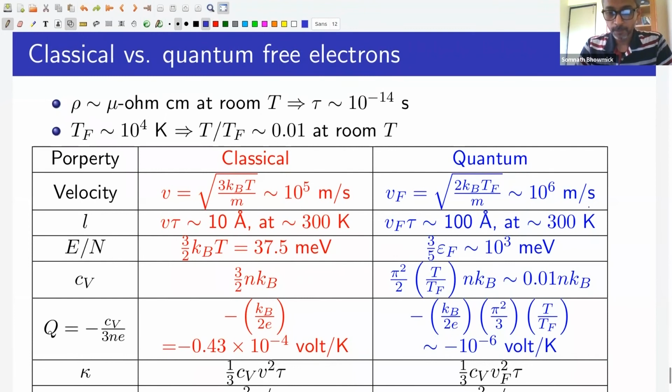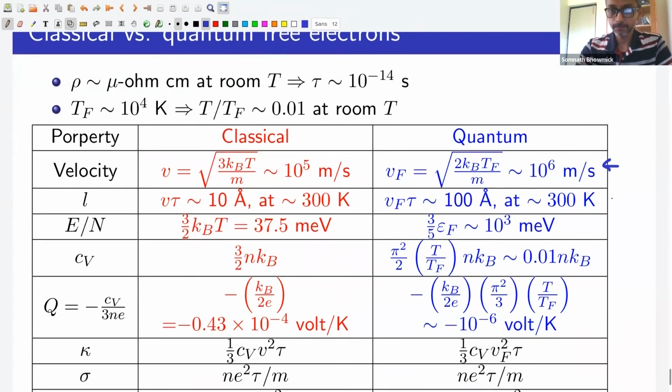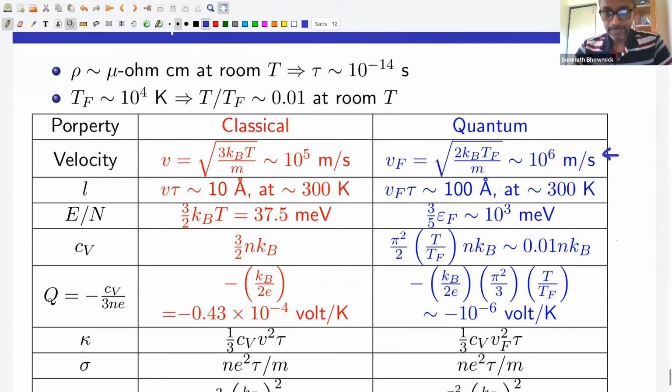Finally, let me conclude by listing out the differences and similarities between the quantum and classical electron gas. So if we calculate the velocity, then we see that the quantum free electron gas has 10 times the velocity of the classical free electron gas. And then the mean free path, since this is a function of velocity, naturally is also 10 times higher in case of the quantum model.